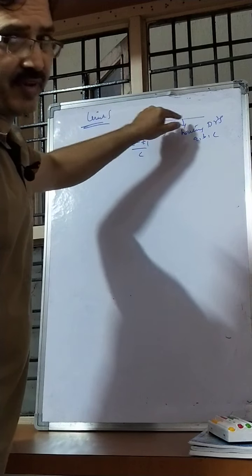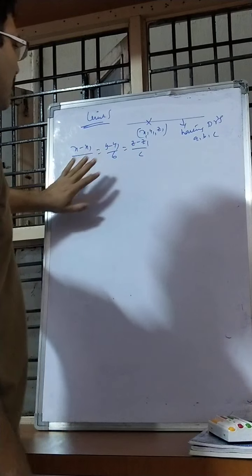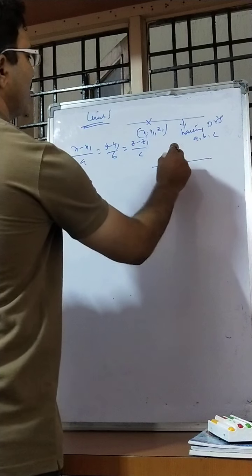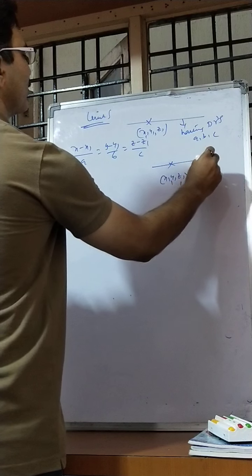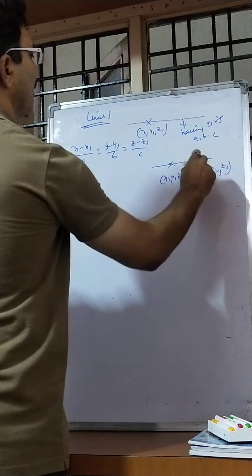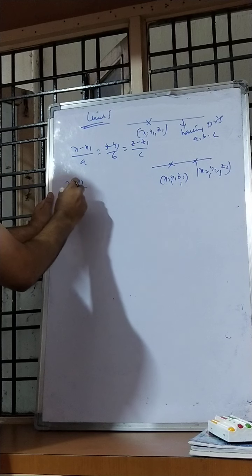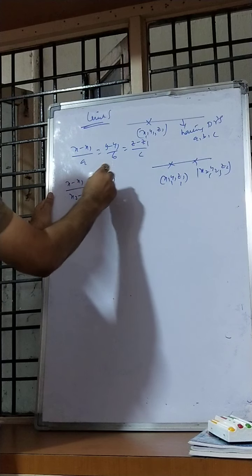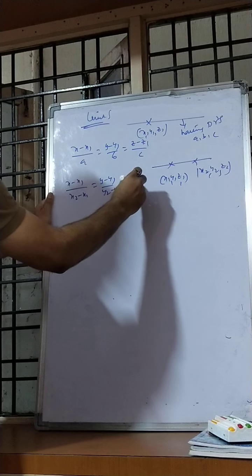If it is passing through 2 points x1, y1, z1 and x2, y2, z2, then you write: x minus x1 by x2 minus x1, y minus y1 by y2 minus y1, z minus z1 by z2 minus z1.